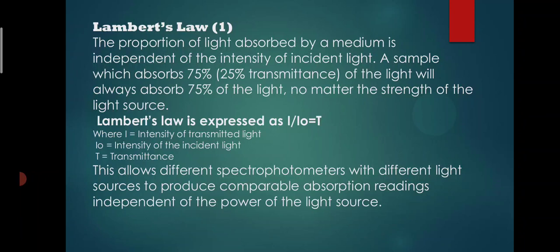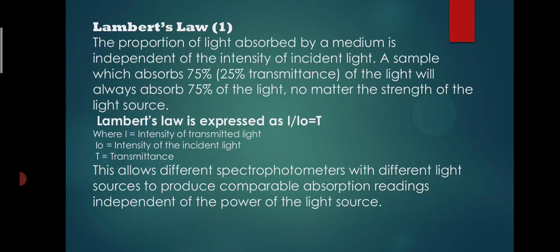The proportion of light absorbed by the medium is independent of the intensity of incident light. A sample which absorbs 75% of the light will always absorb 75% of the light, no matter the strength of the light source. This is the first law of the spectrometer, called Lambert's law.